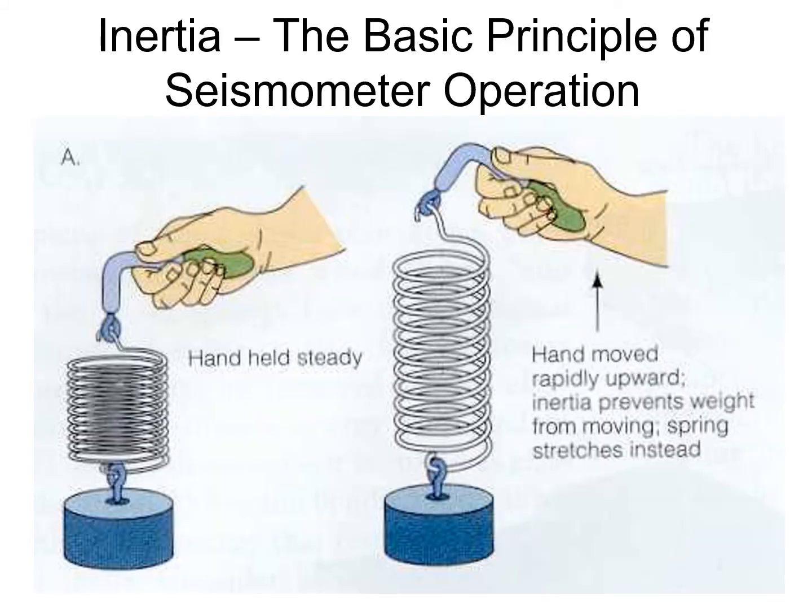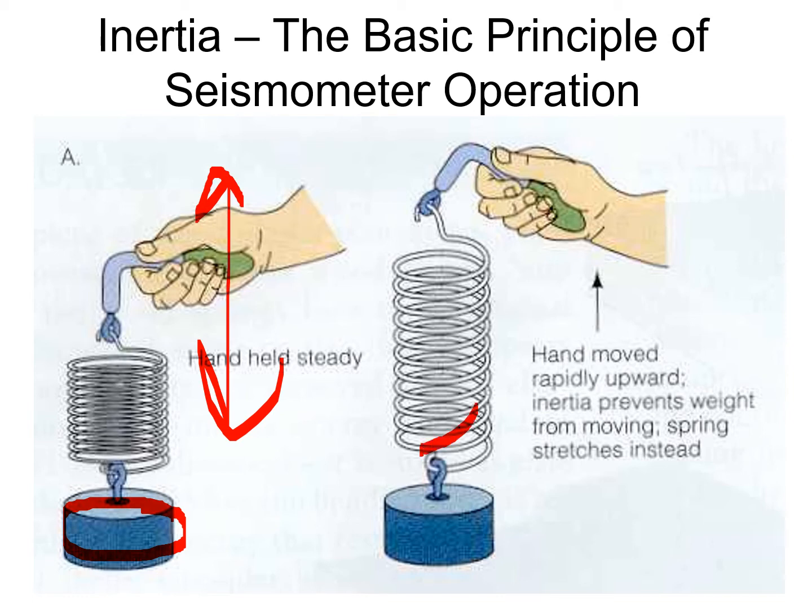Now, the basic mechanism of a seismograph is just a counterweight on the end of a spring. The spring, again, is able to accommodate that motion. As things start to move, the counterweight, because of inertia, stays mainly put, and the rest of the mechanism will move with the ground.